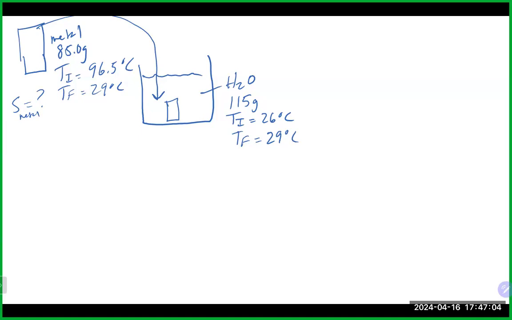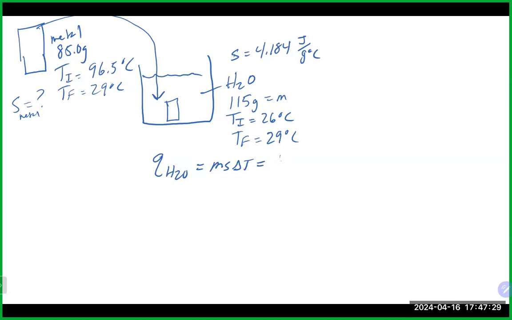We could do that because we do have the mass of the water, we have our initial and final temperature, we always have the specific heat capacity of liquid water, 4.184 joules per gram per degree Celsius. So for example, if I wanted to use my specific heat equation for the water, I have really all the information that I need.